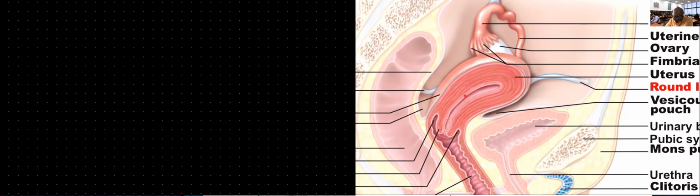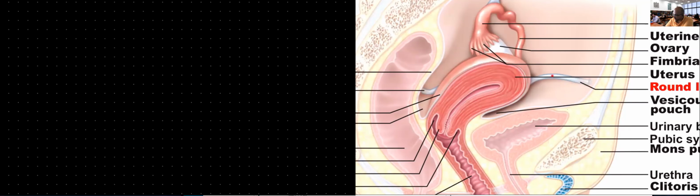And to the inside, the uterus is lined by a mucosal lining. We call this mucosal lining of the uterus the endometrium. We can see the fundus of the uterus on here. This dome-shaped part of the uterus is called the fundus of the uterus.